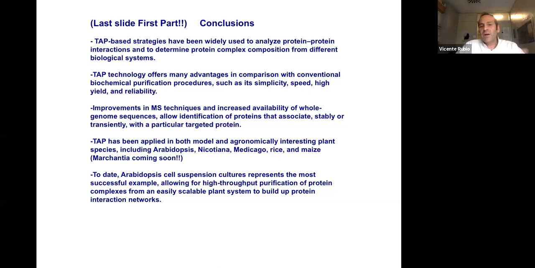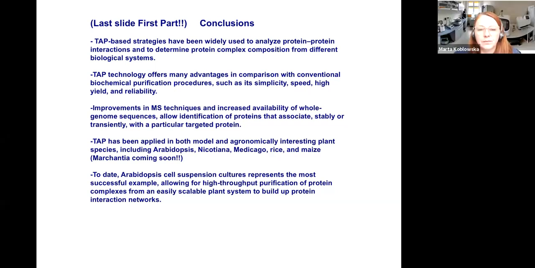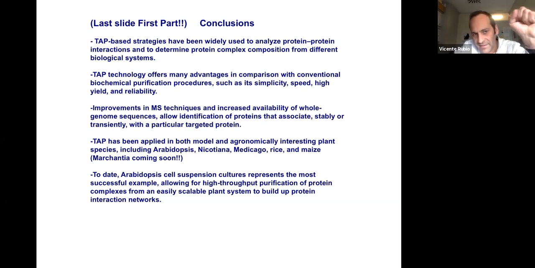Okay. Well, the conclusions are mainly based on TAP. It is widely used for protein-protein interaction and protein complex composition analysis. It is fast, simple, very reliable, and you can get a high yield of your protein complex.